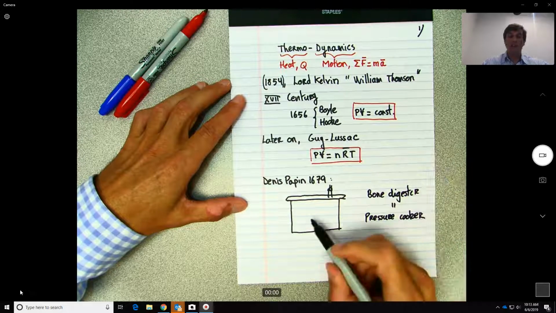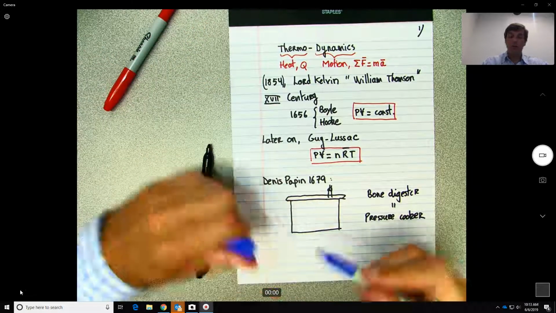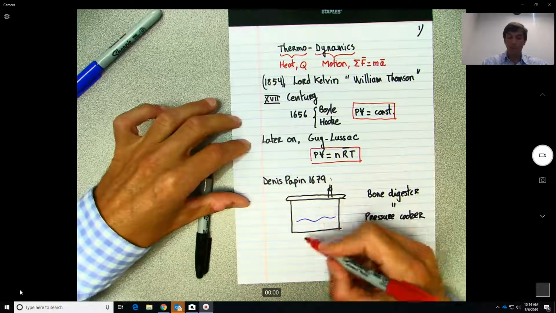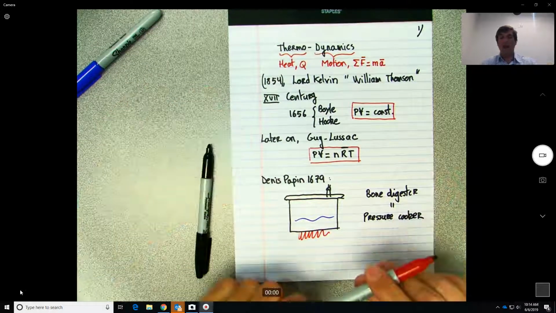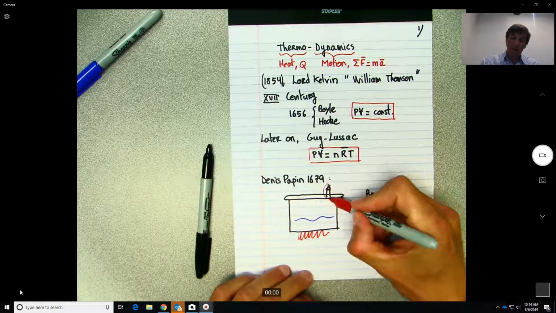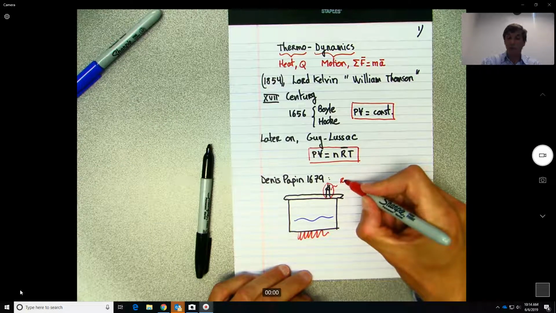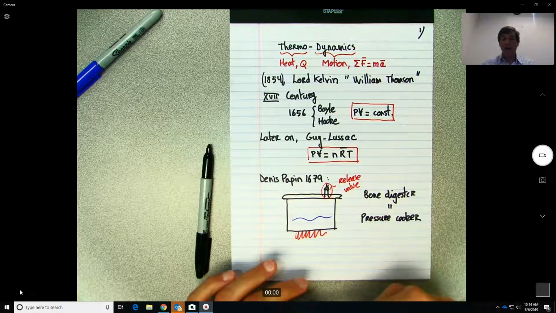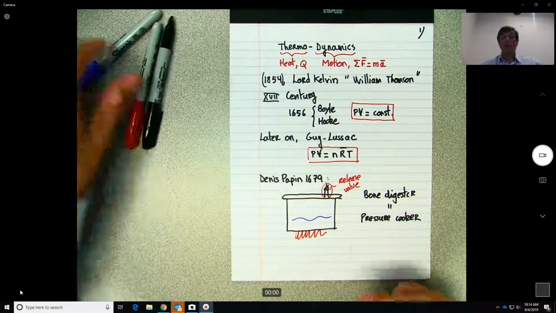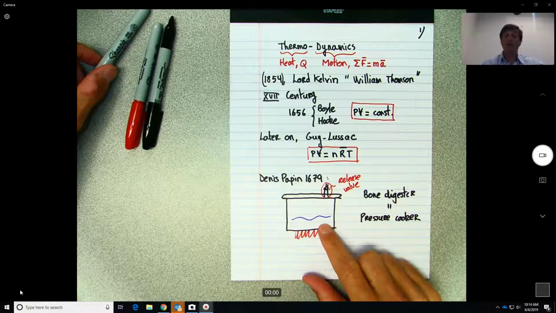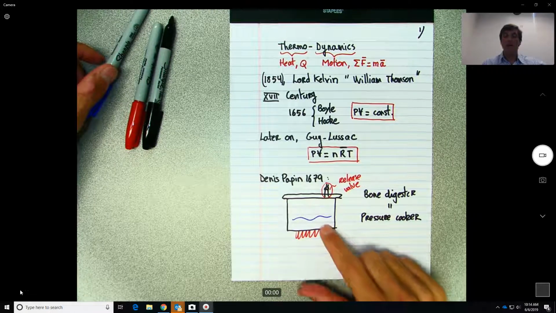So basically, you have the water over here with the bones, everything being heated by the fire, and his big discovery here is a little thing on the top side, which is the release valve. By adding a release valve, he was able to control the amount of pressure inside the pot without the pot exploding.